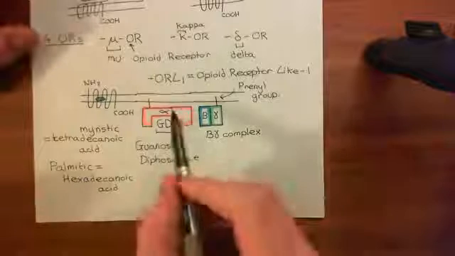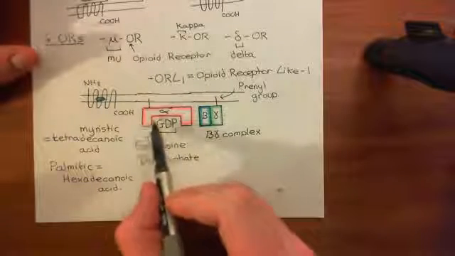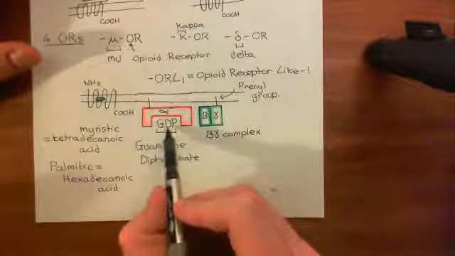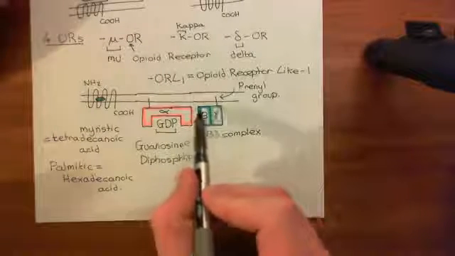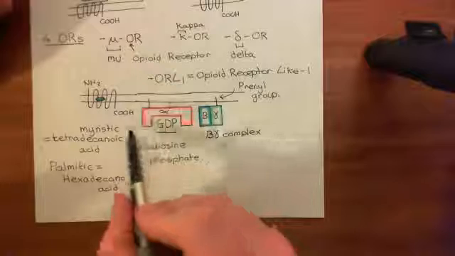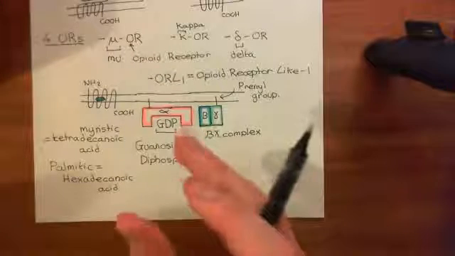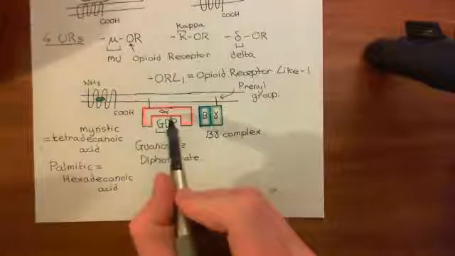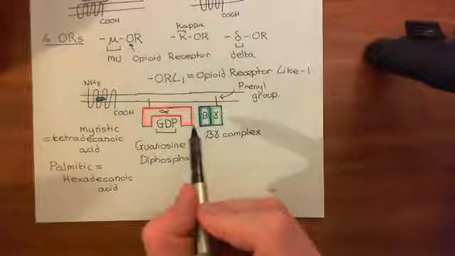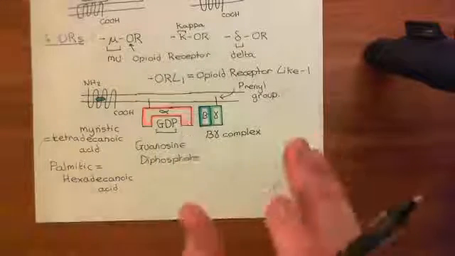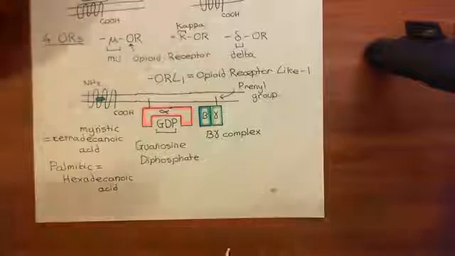Now, when the alpha subunit is off and has GDP bound to it, it can associate with a beta-gamma complex. So at the moment, they will be bound nicely together. When the alpha subunit has GTP bound to it, however, it doesn't associate with the beta-gamma complex, and instead both of them will be off doing their own thing.